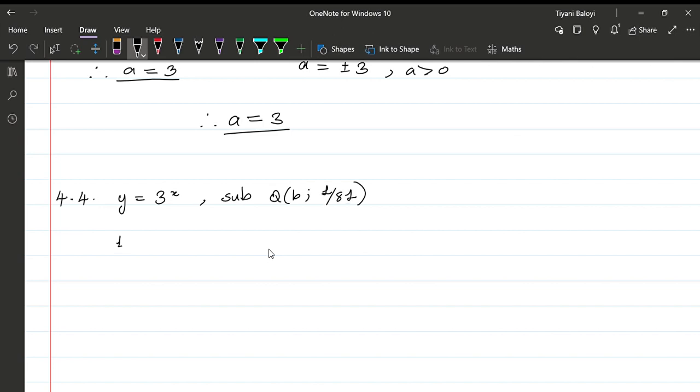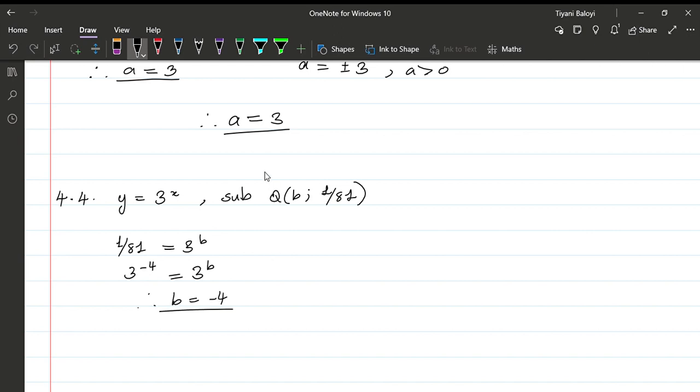So 1 over 81 is equal to 3 to the power b. You can reduce this using laws of exponents, and then you will have 3 to the power minus 4 is equal to 3 to the power b. You can also confirm that with the calculator. Then b is equal to minus 4.